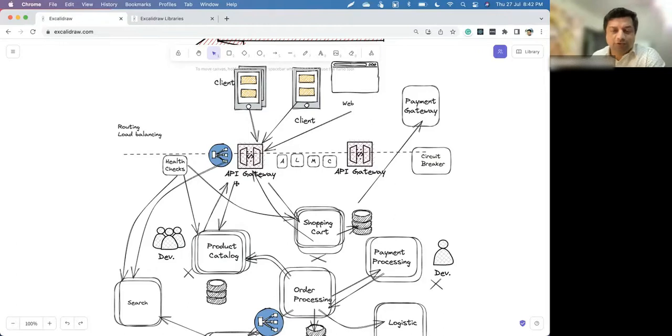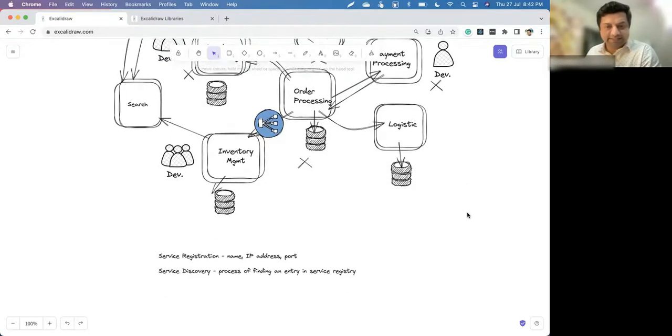The client has to make a request, and the client is responsible for maintaining the list of services. In the other case, the server-side service registry, the server takes care of maintaining the list of services. So this is the pattern about service registry.